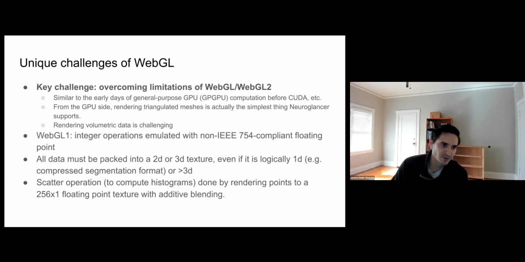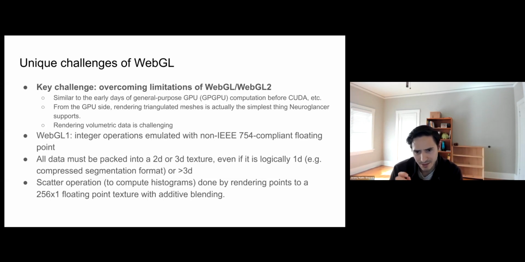They can change orders of operations, use lower precision operations, and so there was this constant struggle as Neuroglancer was tested on new drivers to fix any issues that came up with insufficient floating point precision corrupting our integer operations.